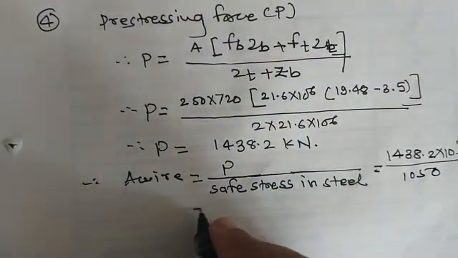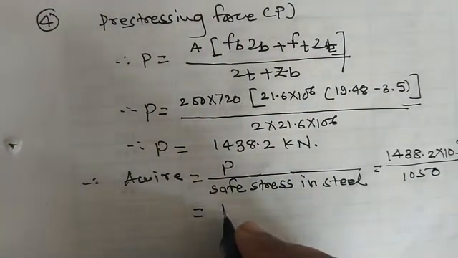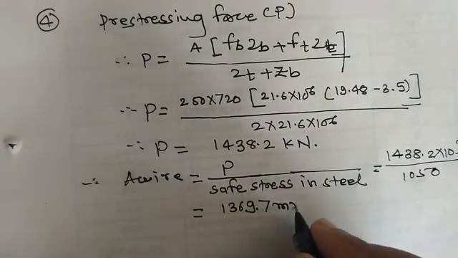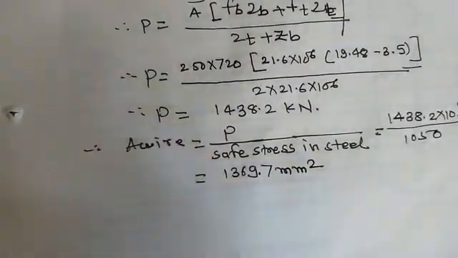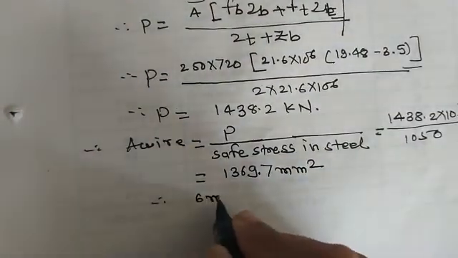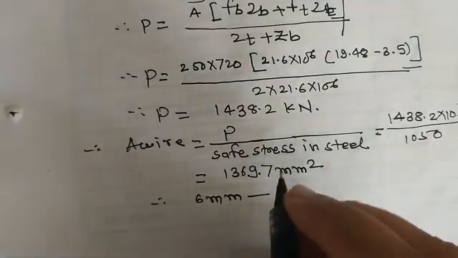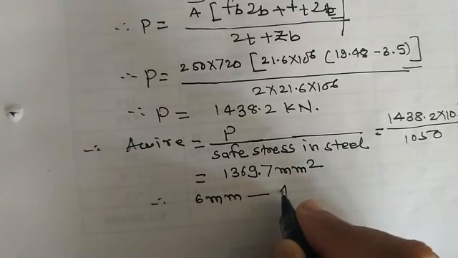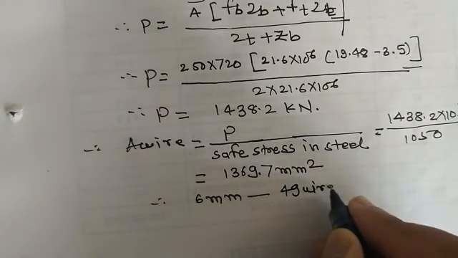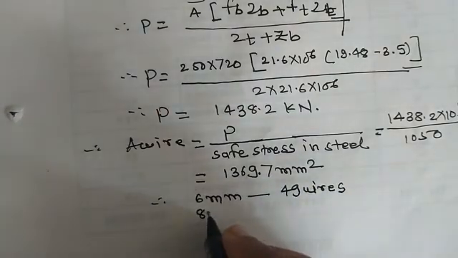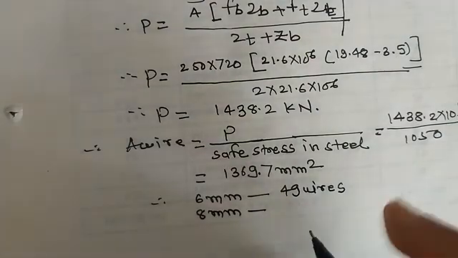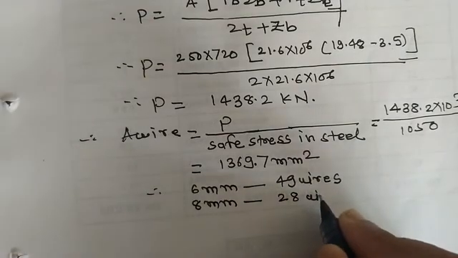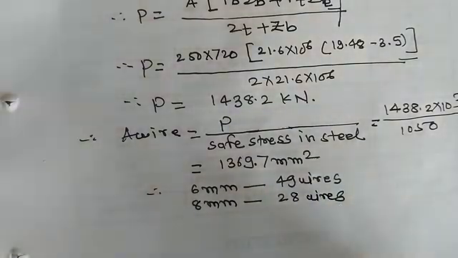From that we get the area of wire as 1369.7 mm square. If we assume 6 mm wire strands, you have to apply 49 strands or 49 wires in one tendon. If we assume 8 mm diameter of wire, you have to put a total of 28 wires in one tendon.